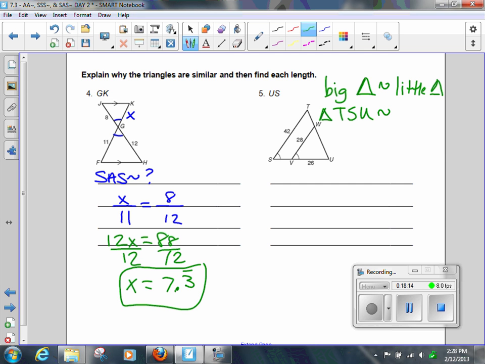Do you guys agree with that? If we name the big triangle TSU, then what are you going to name the little triangle? WV. Okay. Do they have anything in common? The U. If they have angle U in common, then what do you know about angle U?